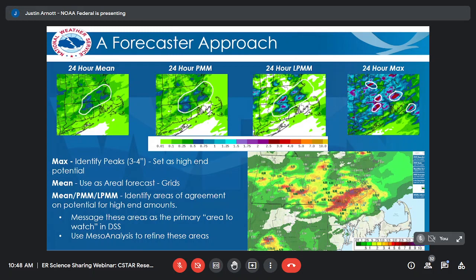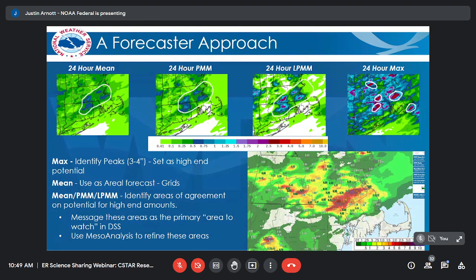But what is useful, at least from using the HREF website, is you have the option of looking at the individual members, and after all, it is 5 members over 2 time steps. So you have the HRRR, the NAM 3K, and in our office we place a lot of premium on the NSSL-WRF and the ARW.